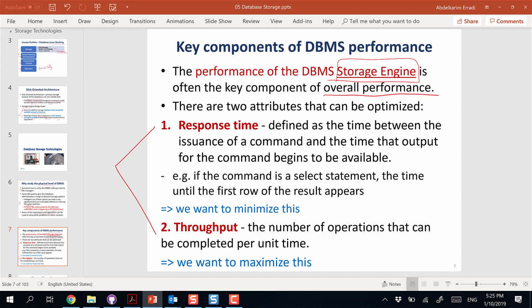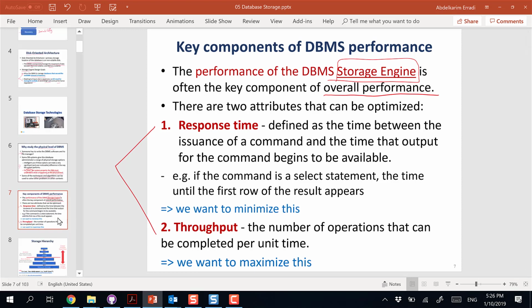Maximize the throughput and minimize the response time. And the core component of the whole database engine that contributes the most to query performance is the storage engine. And we will see shortly why.